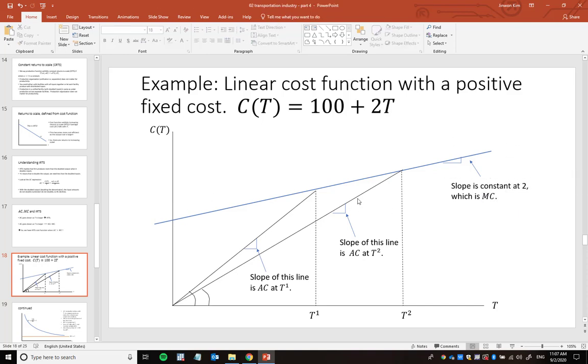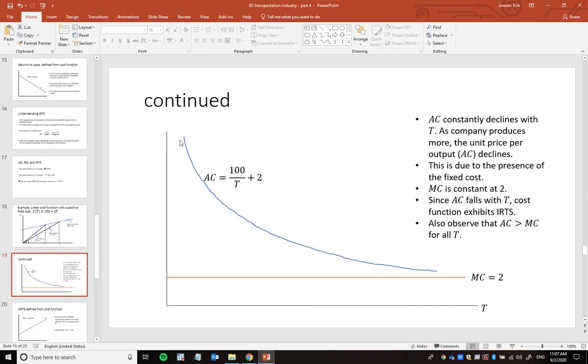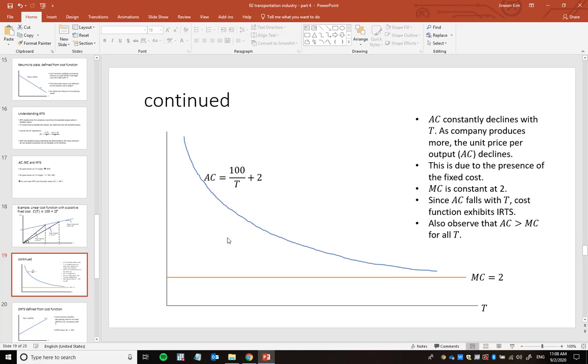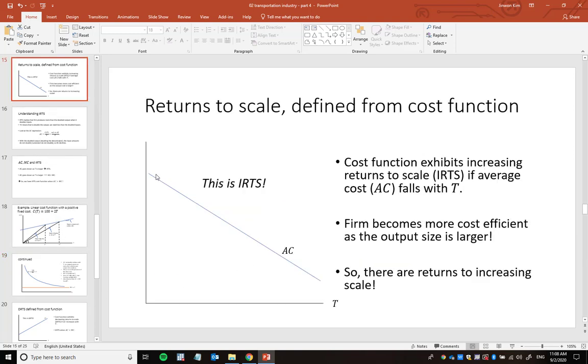So for this particular case, average cost is always larger than marginal cost. Also, average cost is always diminishing with t. So we can say that this is an example of an IRTS cost function. Whenever we have a cost function with a positive intercept and constant slope, we have an IRTS cost function. So IRTS is the case where average cost is going down.